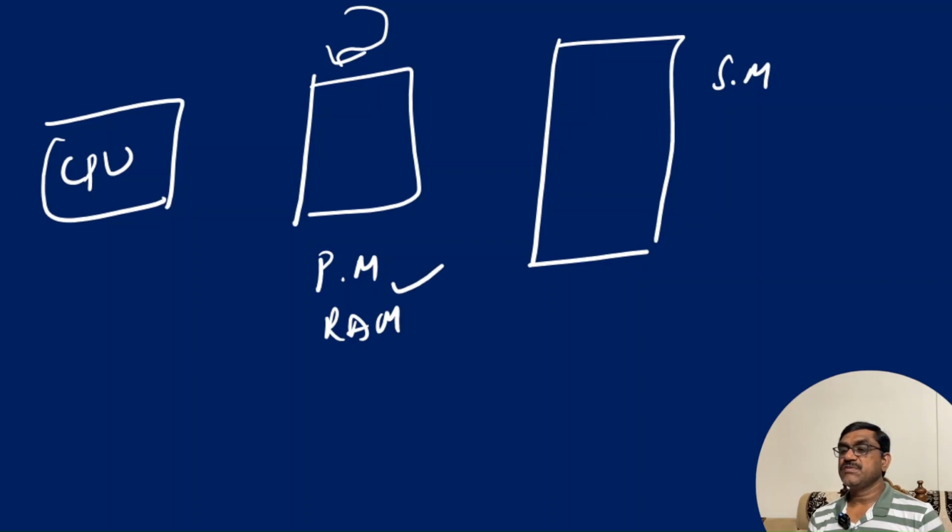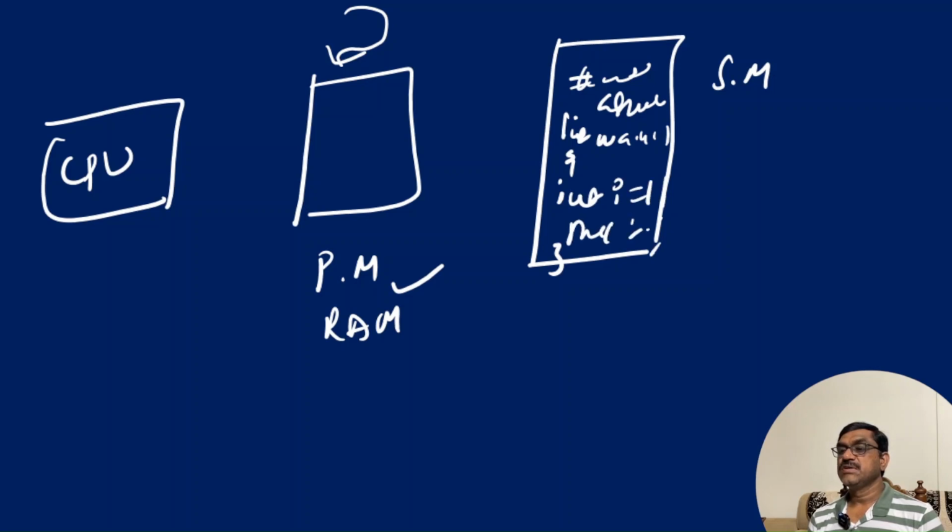For example, just now I have written the program, #include, right? We have written one program now, stdio.h and int main. Assume that we have written like this. Here you have declared a variable, assume that int i = 1 and printf("%d", i).